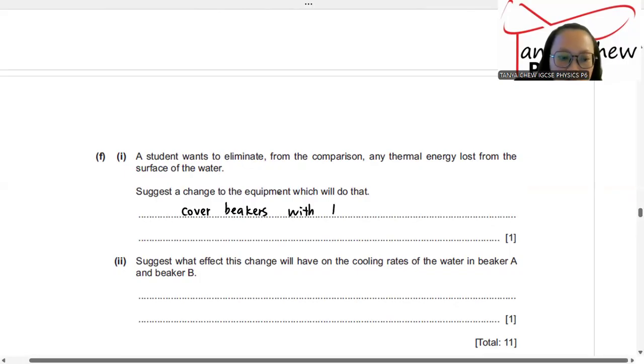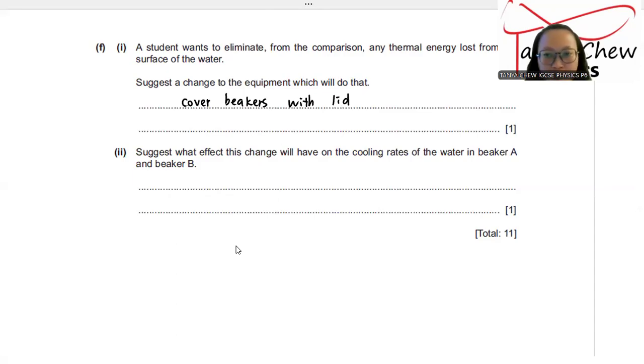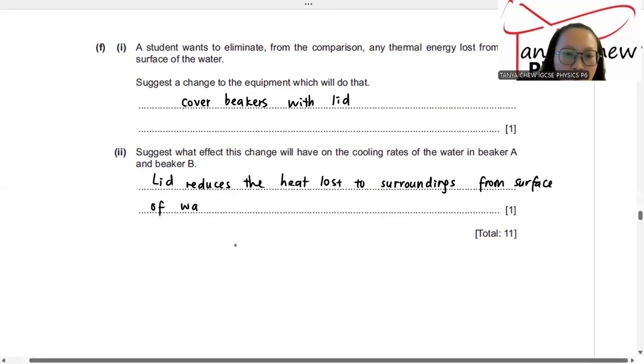with lid. That's all. And the second part suggests what effect this change will have on the cooling rates of the water in beaker A and beaker B. So what happened? Lid reduces the heat loss to surroundings from surface of water.